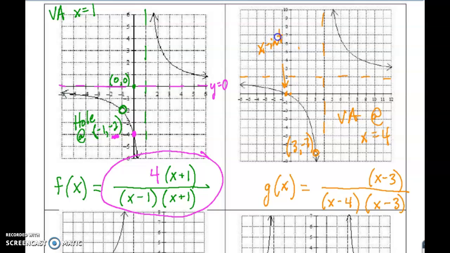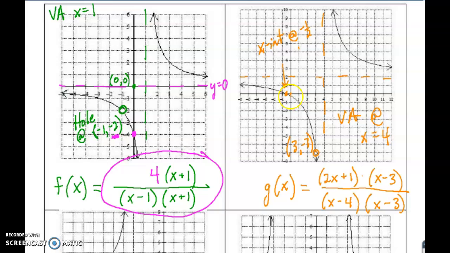The x-intercept looks like it's about negative 1/2. So I would write that as 2x plus 1. And that goes into the numerator. And that might actually be good enough to answer the rest of our problems.